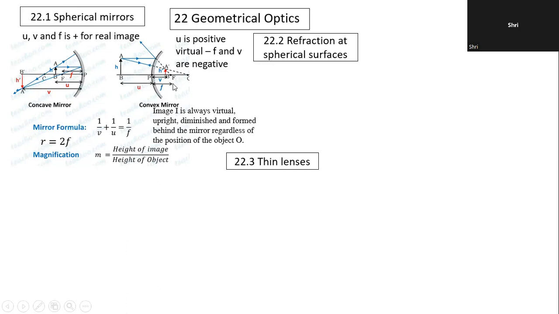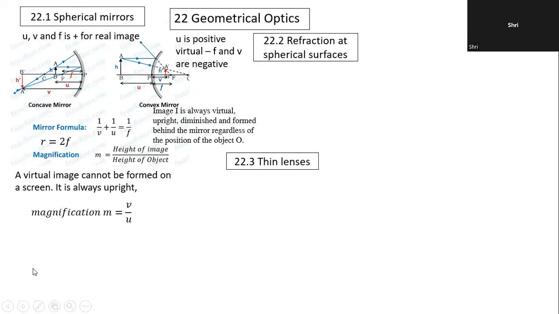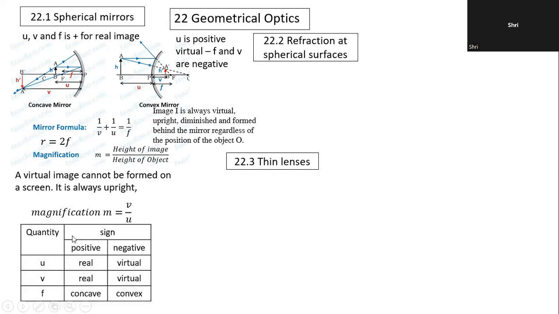For convex mirror, always remember that. A virtual image cannot be formed on the screen. It's always upright. Right? It's for your spherical mirror. There's a magnification formula. That is the sign convention that you need to know how to use.